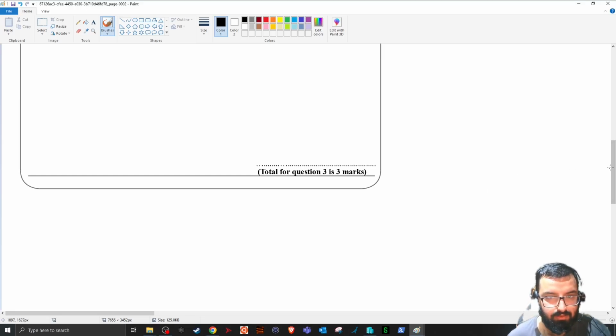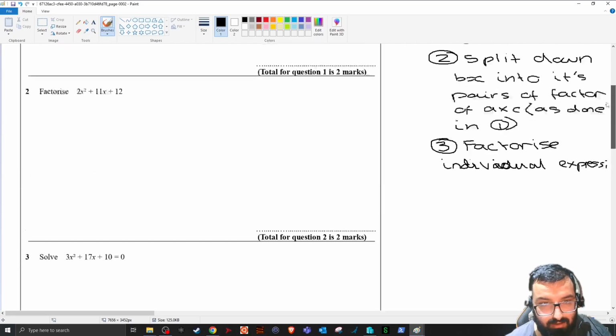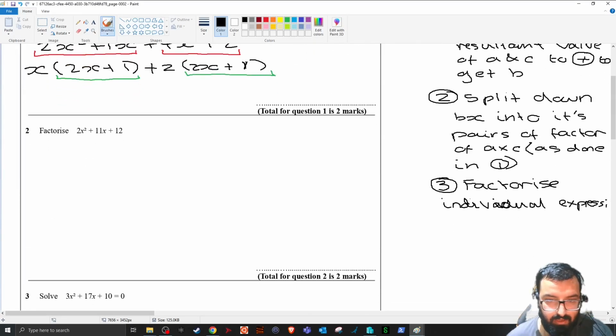Oh no, what am I doing? For some reason, it could scroll down. This pen's really messing up, so I do apologize. Factorize individual expressions as shown in red.